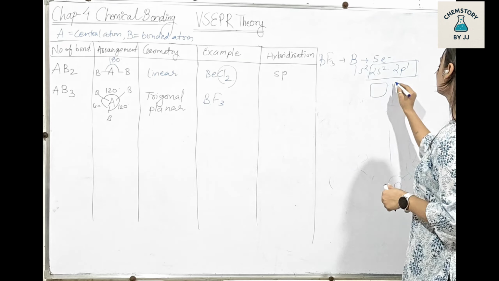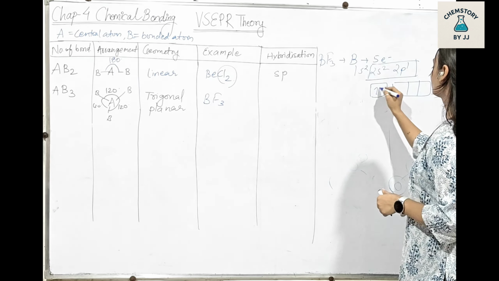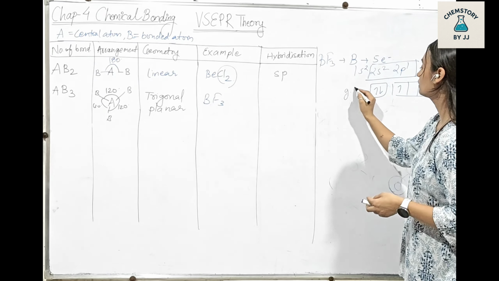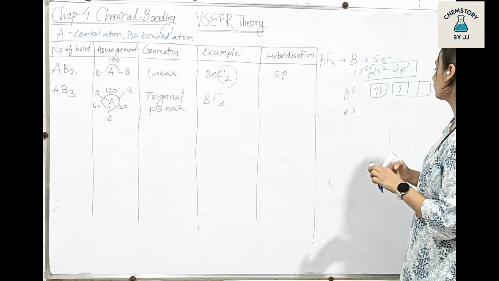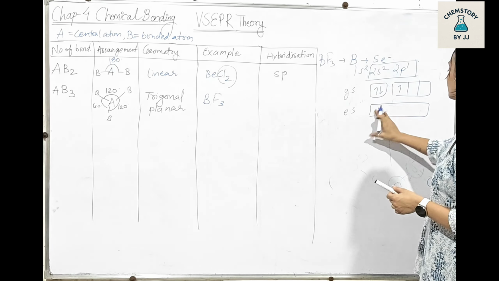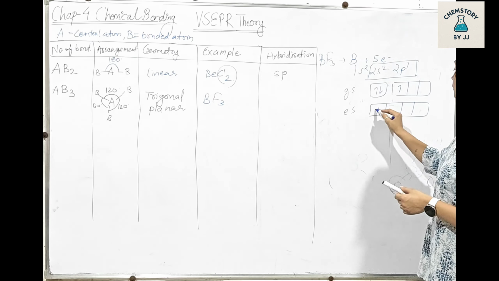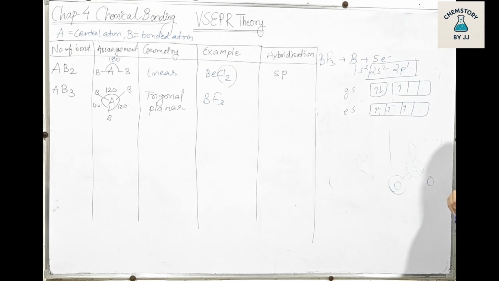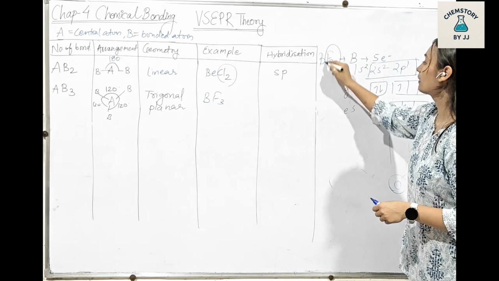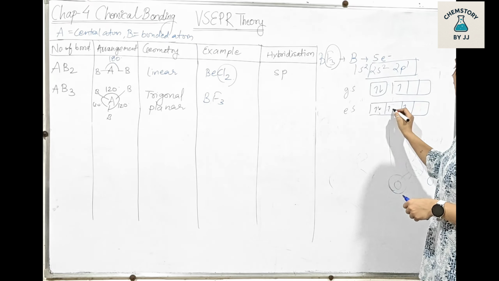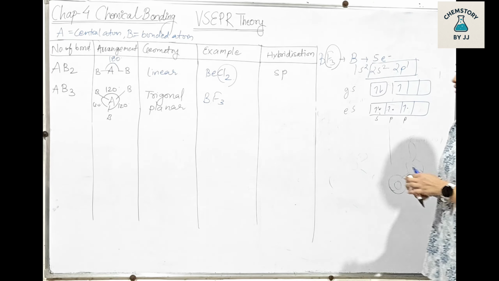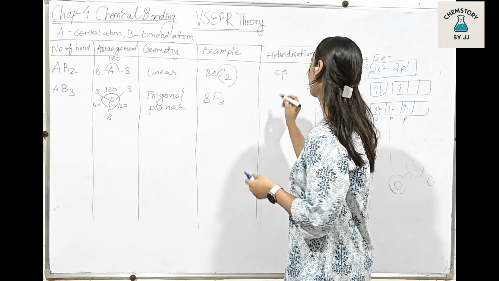And now 2 electrons over here and 1 electron, right? This is the ground state. And if I talk about the excited state, these get mixed, hybridized, energy gets equal and has 3 electrons. Okay? So it's going to pair up with 3 F, that is fluorine, like this. So S and 2P are getting involved. Okay? So the hybridization is sp2.